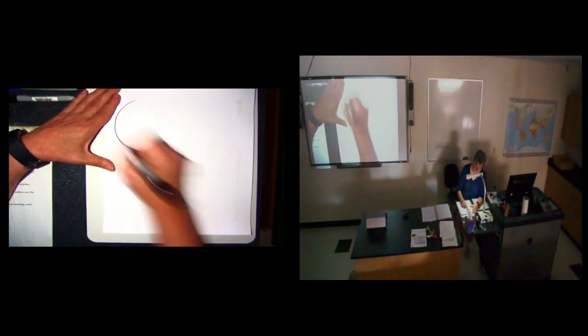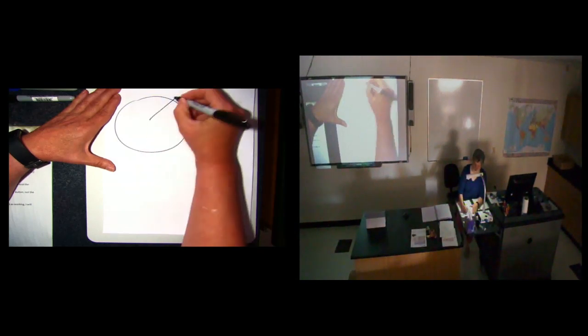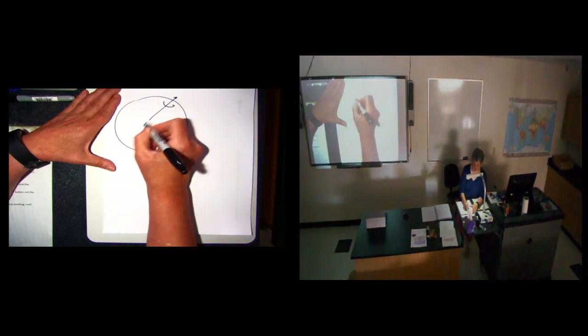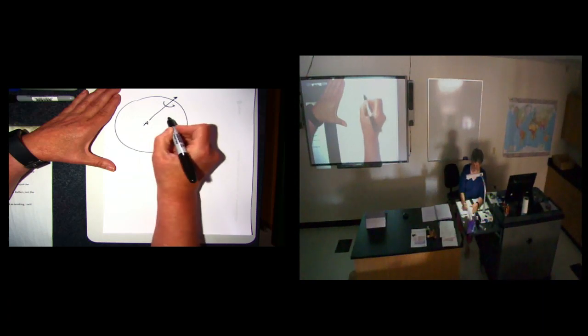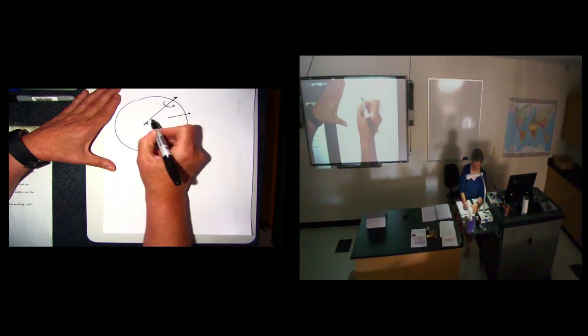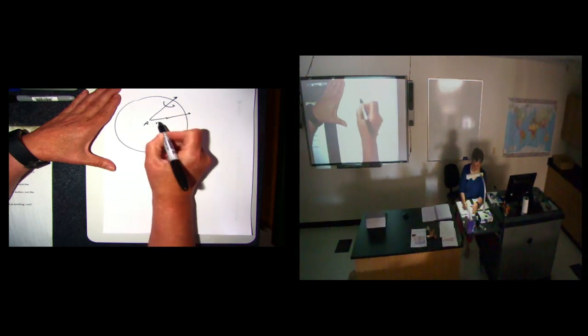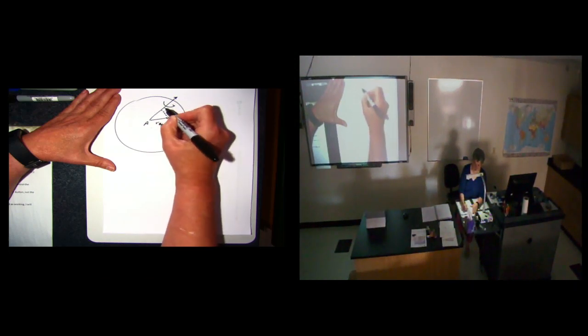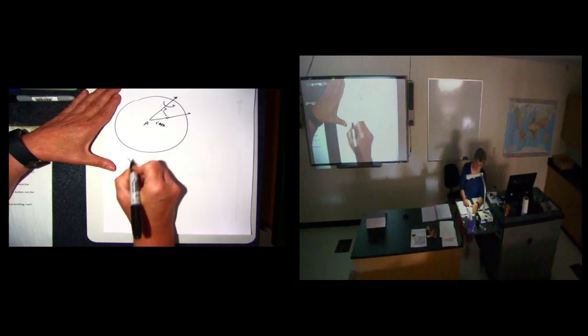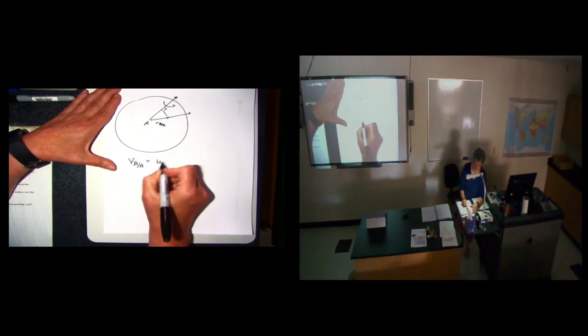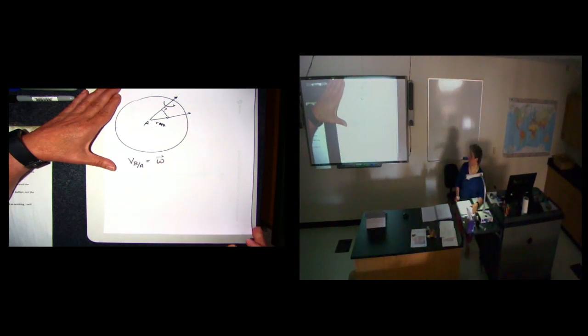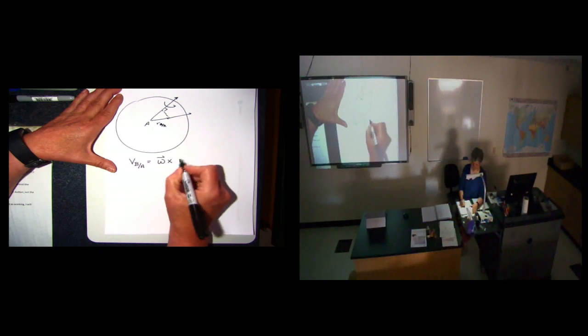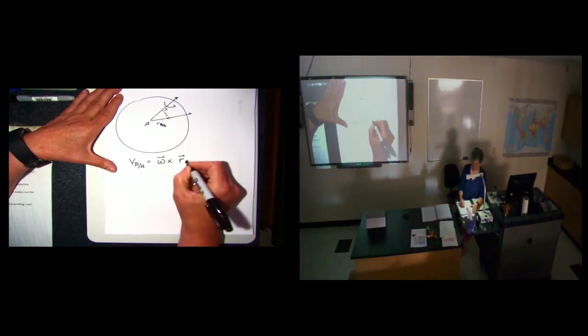So if I've got that object like this, and I've got it rotating about, and this is my point A, here's my point B, here's my RBA, and then I've got an angle here. What ends up being is that the relative motion from B to A is going to be our angular vector crosswise with our radial vector BA.